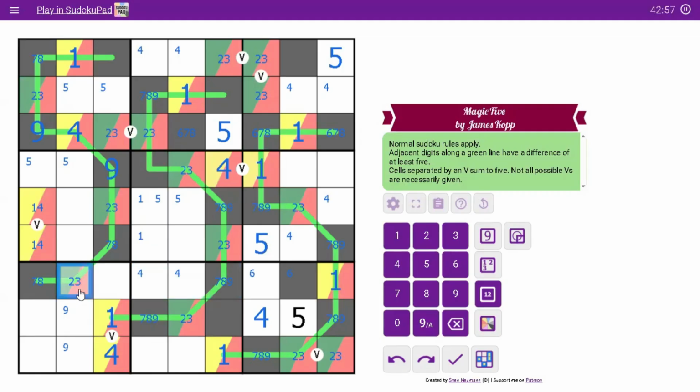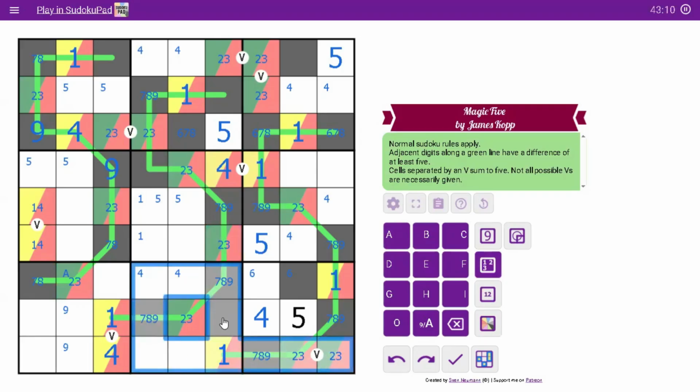Very clear that this digit, which I'm going to do in pen and make it A, right? We know it's a 2, 3. A is here. So where does A go in this box? Well, by Sudoku, it must go there.